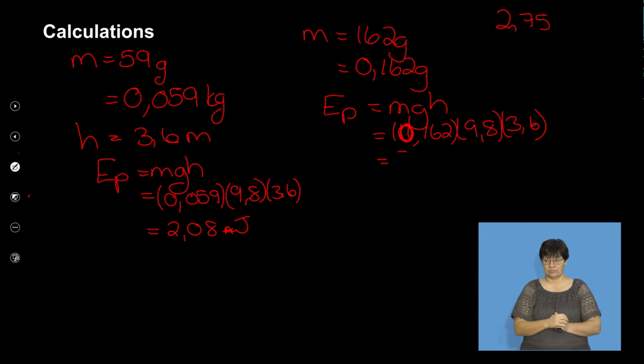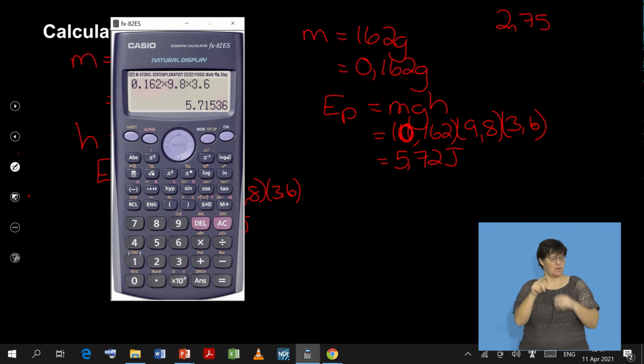All right, so heavier mass, bigger potential. Now what I'm going to do here is I'm going to take that 5.72, divide by the 2.08, and see if I get 2.75. And then I'll explain to you why I'm doing that.